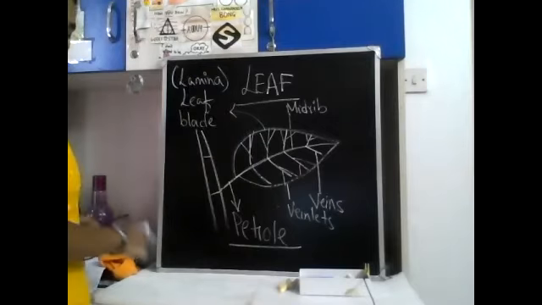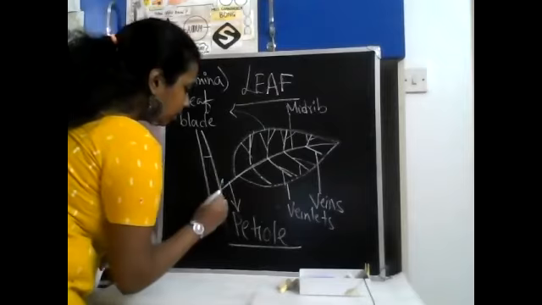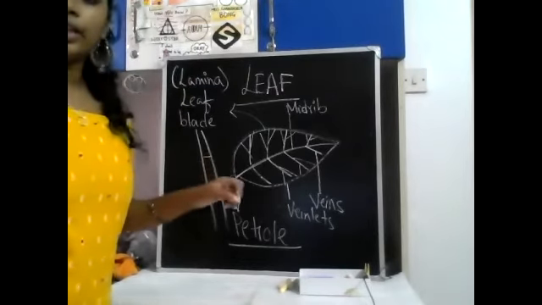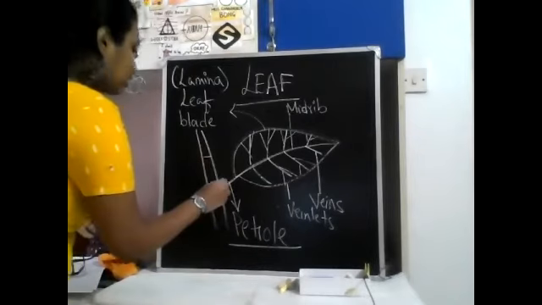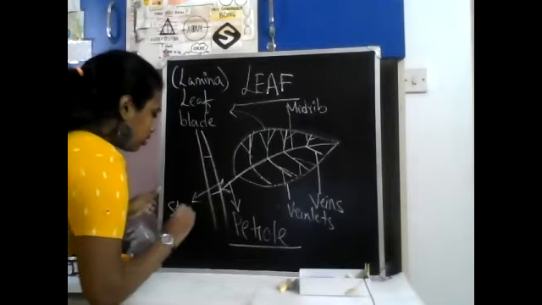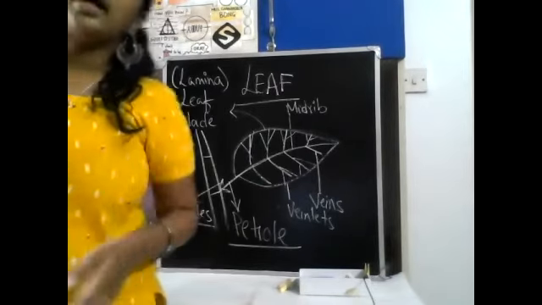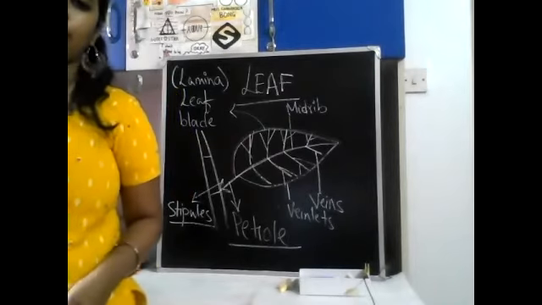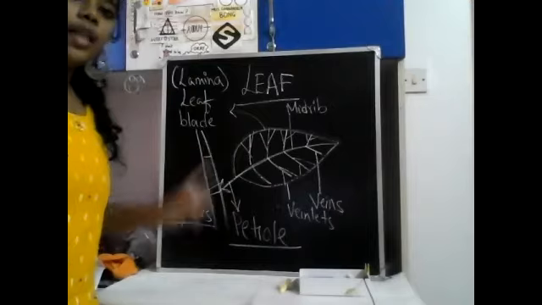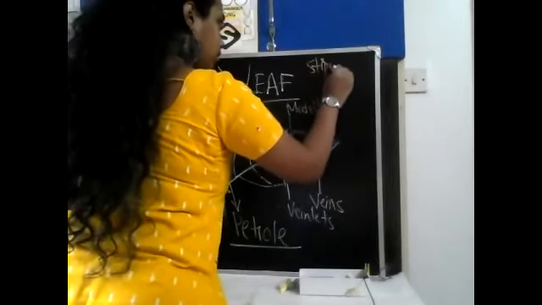In some cases, at this bud, you will see small projections. They're leaf-like structures. These structures are called stipules. A plant might have stipules or it might not have stipules. If it has stipules, then it is called a stipulate plant.